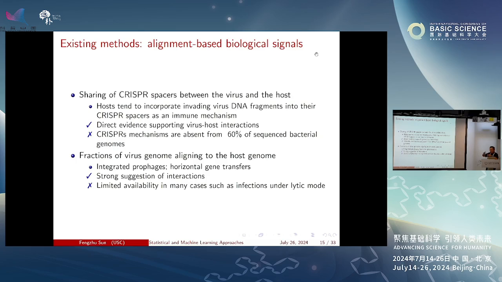Some alignment between them indicates some interaction. The reason is they live in the same environment. There is some horizontal gene transfer between them. They more easily exchange genetic material. So if there is some alignment between them, then that indicates interaction. Both of them have some sharing information there.